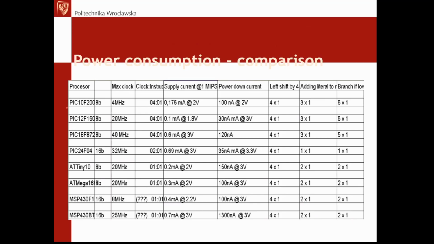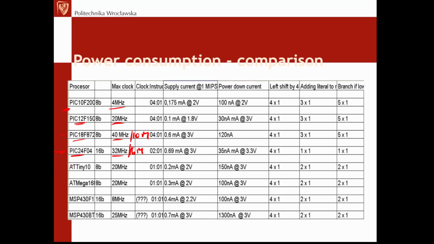The very tiny PIC10F200 clocked at just 4 megahertz, so a 1 MIPS processor, then the slightly larger but still tiny PIC12, clocked at 20 megahertz, medium-sized PIC18 at 40 megahertz, then 16-bit PIC24, clocked at 32 megahertz, but here is 2-to-1, which means that the effective instruction clock is 16 megahertz, while here the effective clock is just 10. So this is naturally much faster than the PIC18.